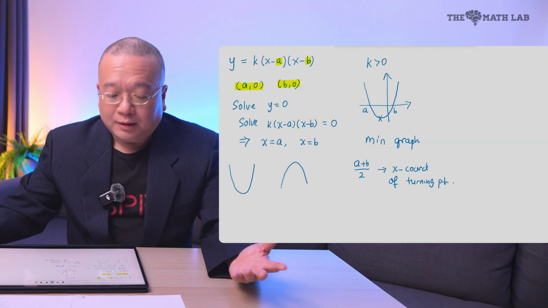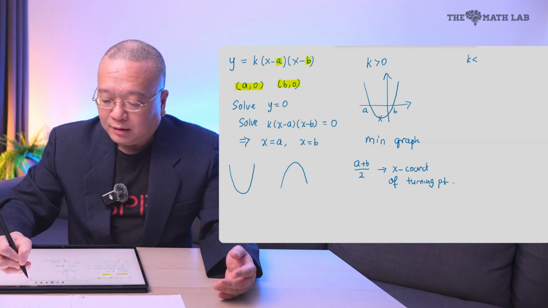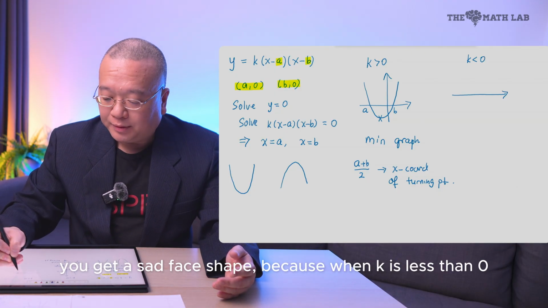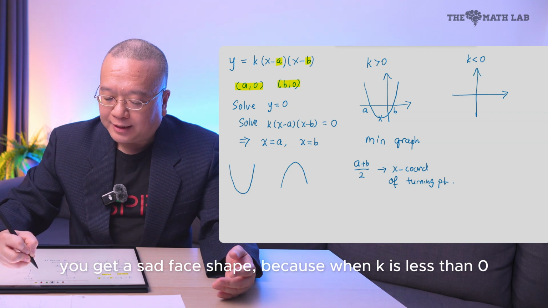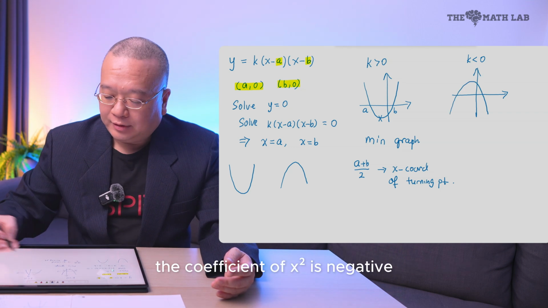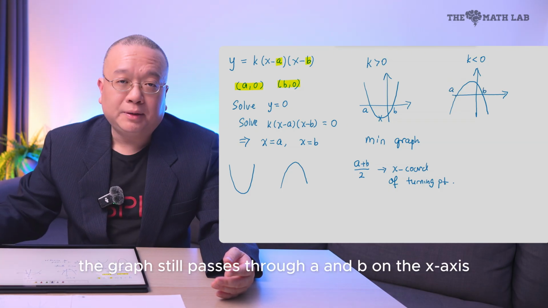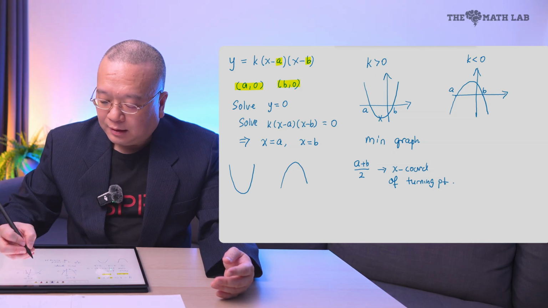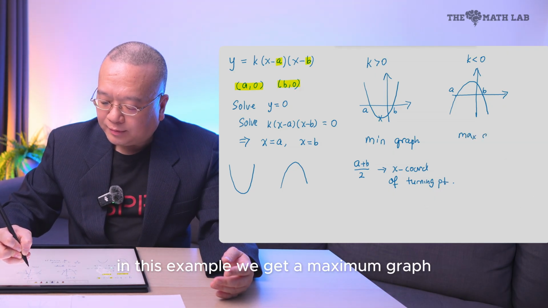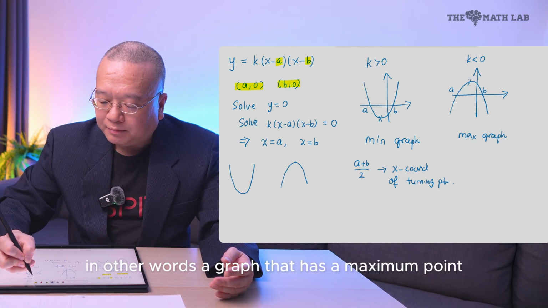Okay? The same concept applies when k is less than 0. Only the shape changes. You get a sad face shape. Because when k is less than 0, the coefficient of x squared is negative. The graph still passes through A and B on the x-axis. In this example, we get a maximum graph. In other words, a graph that has a maximum point.